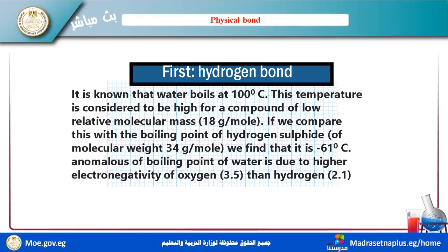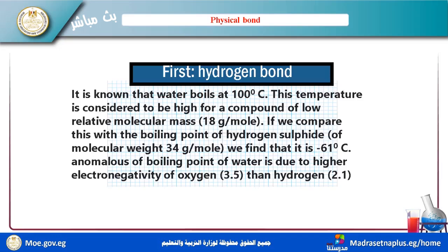So melting points, conductivity of electricity, and solidity of the compounds depend on the strength of these bonds, and the strength of these bonds depends on the difference in electronegativity.